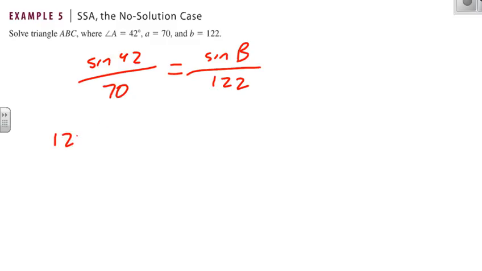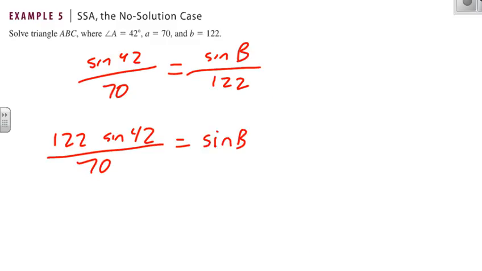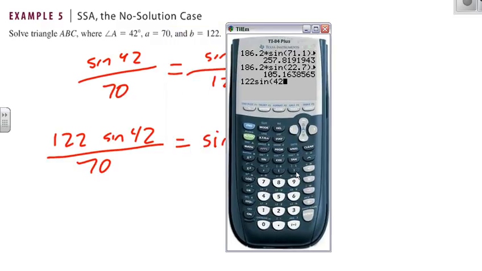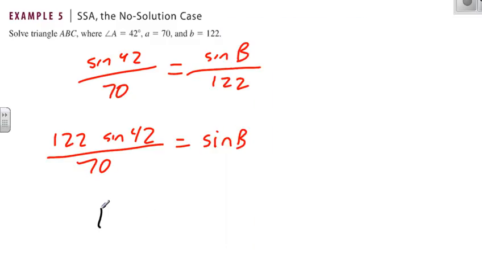So we have 122 sine of 42 over 70 equals sine of B. We get 1.166 equals sine of b.